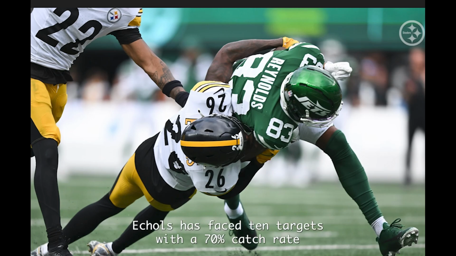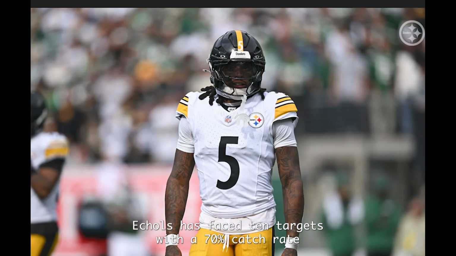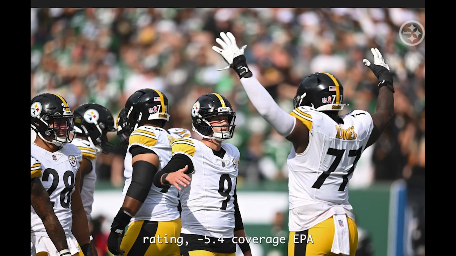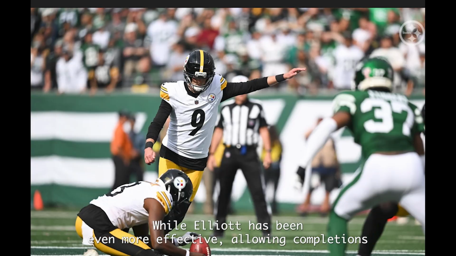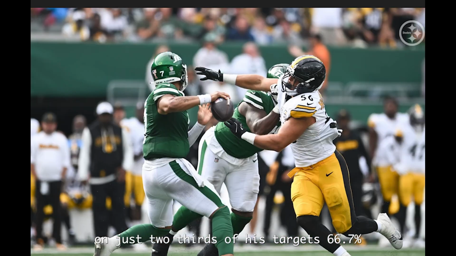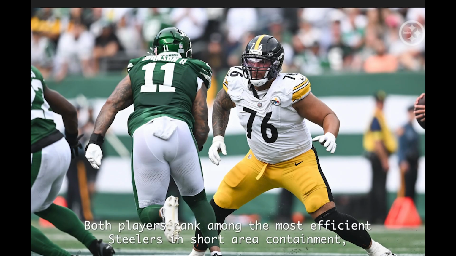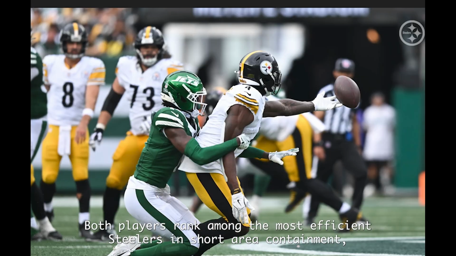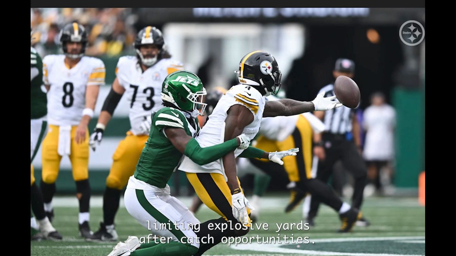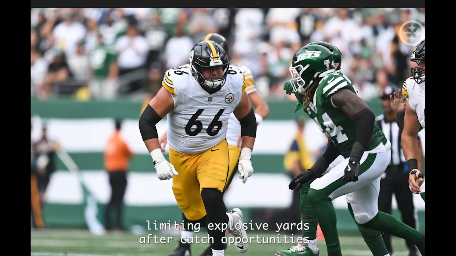Echols has faced 10 targets with a 70% catch rate, but limited damage: 43.3 passer rating, minus 5.4 coverage EPA, while Elliott has been even more effective, allowing completions on just 2/3 of his targets, 66.7%, for a 52.1 rating and negative 2.3 EPA. Both players rank among the most efficient Steelers in short area containment, limiting explosive yards after catch opportunities.